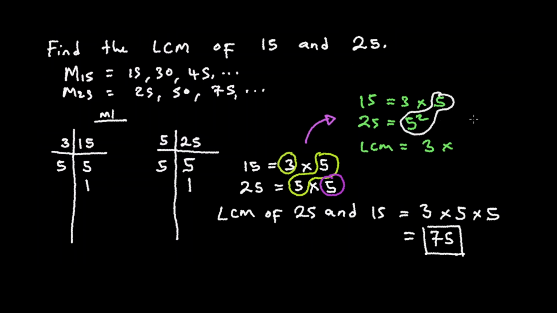But for the lowest common multiple, you are going to take it at the highest power. Meaning in our case, we are going to take 5 squared. You will see that when we do the highest common factor, we take it at the lowest power in such a case.